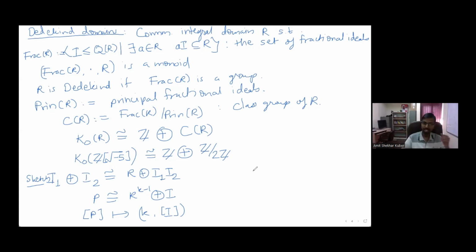It's a sum of three things. Yeah, what will you do? First of all, you will also use R direct sum I1 I2 and then direct sum I3.